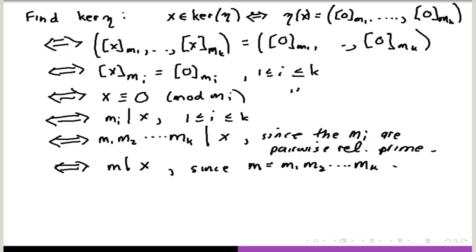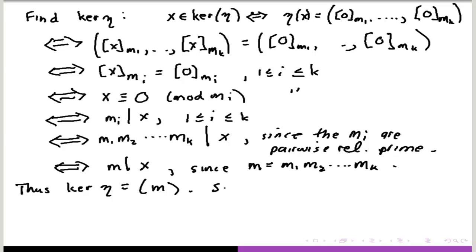Therefore, what's the kernel? Thus, the kernel of eta is exactly the set of multiples of m. So the principal ideal generated by m.